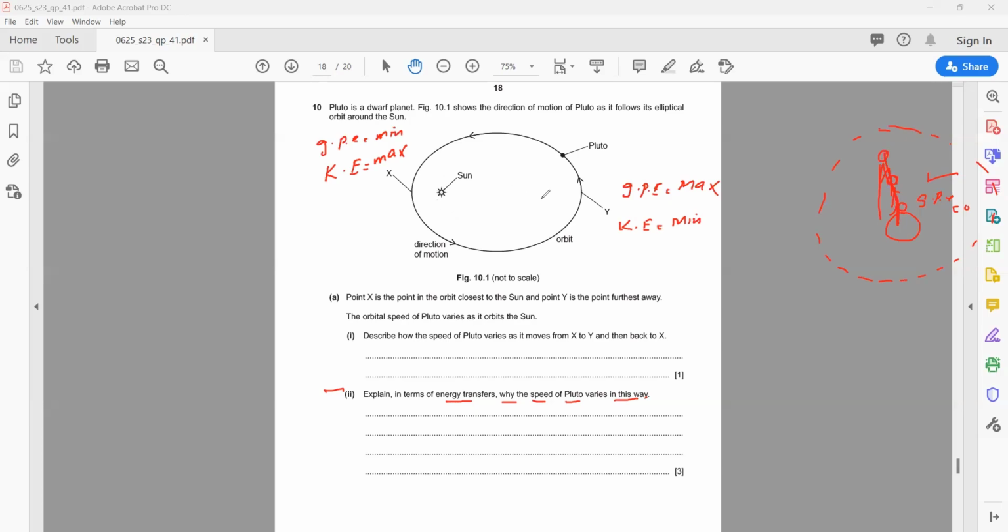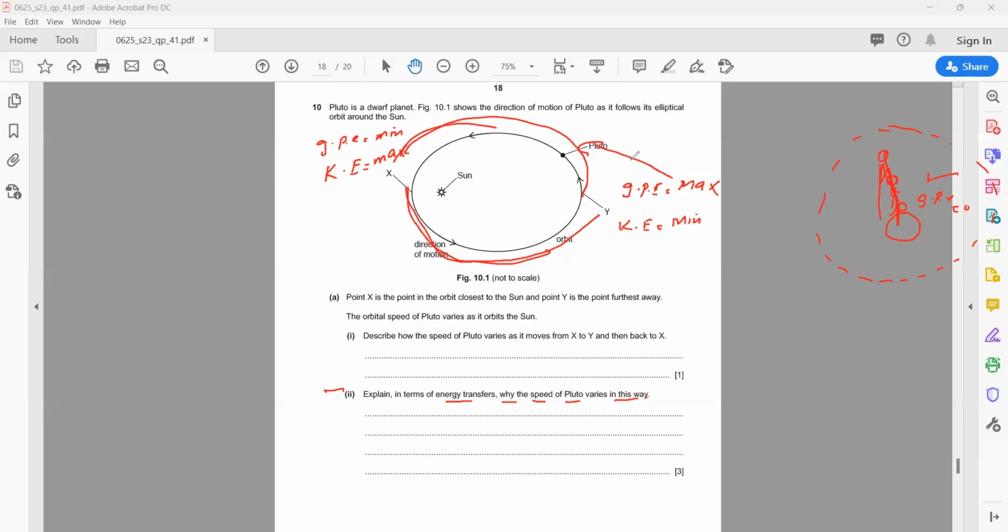So as the object is going from Y to X, gravitational potential energy is decreasing, kinetic energy is increasing. As the object comes from X to Y, kinetic energy is decreasing, potential energy is increasing. Got it?